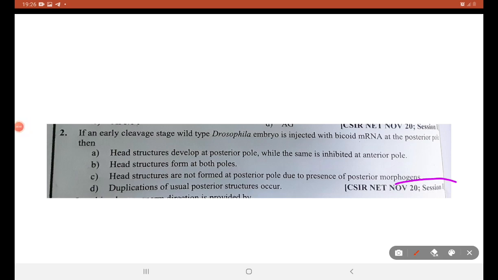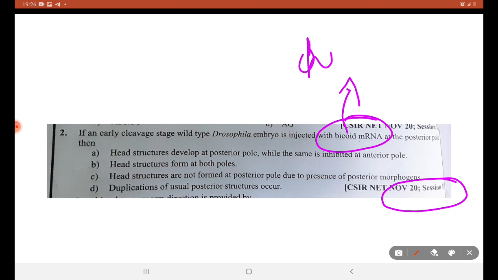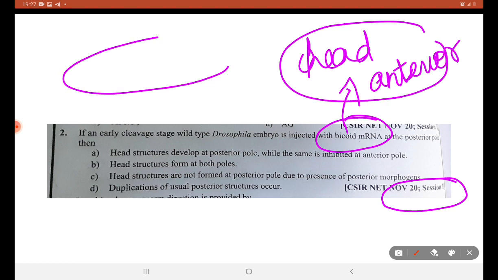First question from November 2020, Session 1. If an early cleavage stage of wild-type Drosophila embryo is injected with bicoid mRNA at the posterior pole. Bicoid corresponds to head development, the anterior portion. This is anterior and this is posterior.